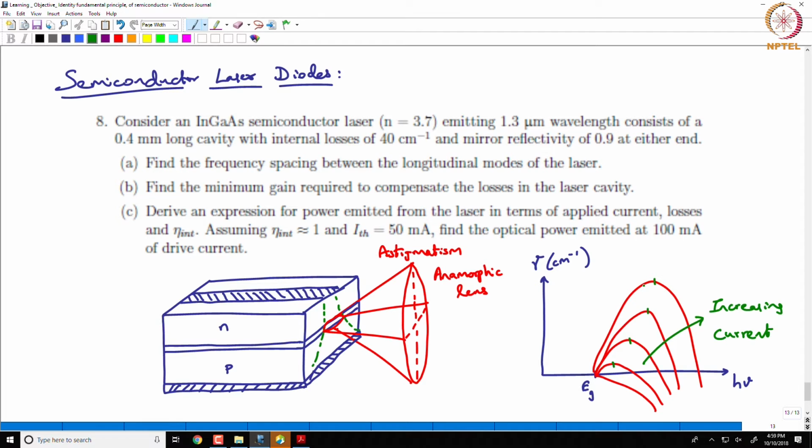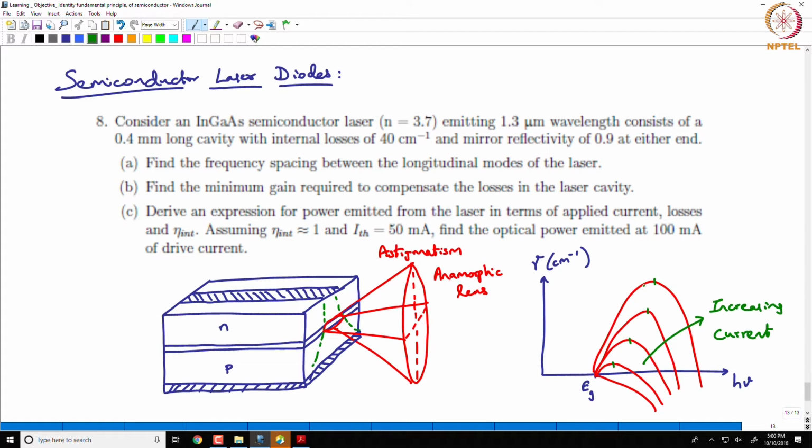Why is that? Why do you have more gain at higher frequency when you have more injection current?